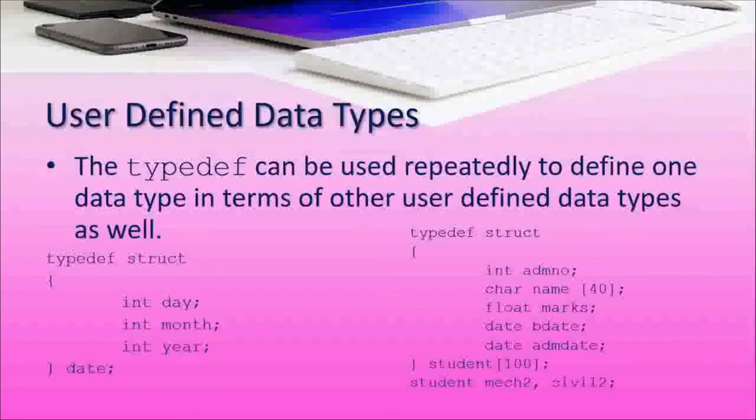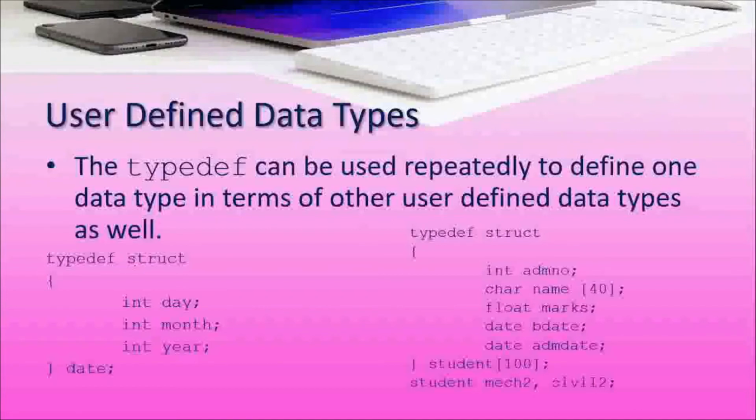A structure is a user defined data type, and if you create a user defined data type as a structure, then that particular structure can be reused inside another data type, another structure. One structure can be used inside another structure. In the same way the typedef can also work.